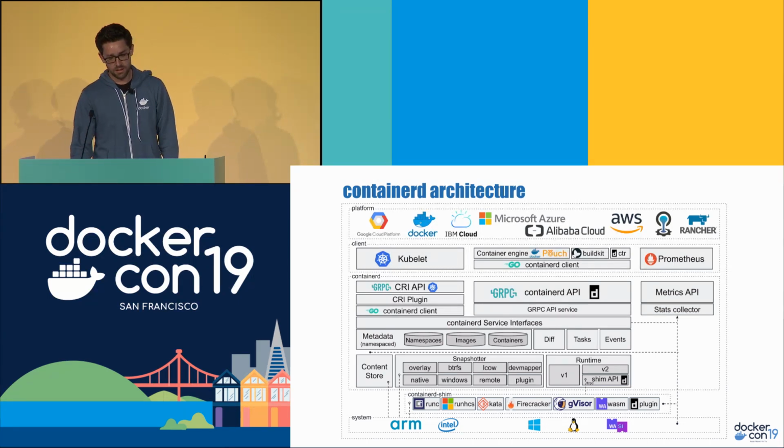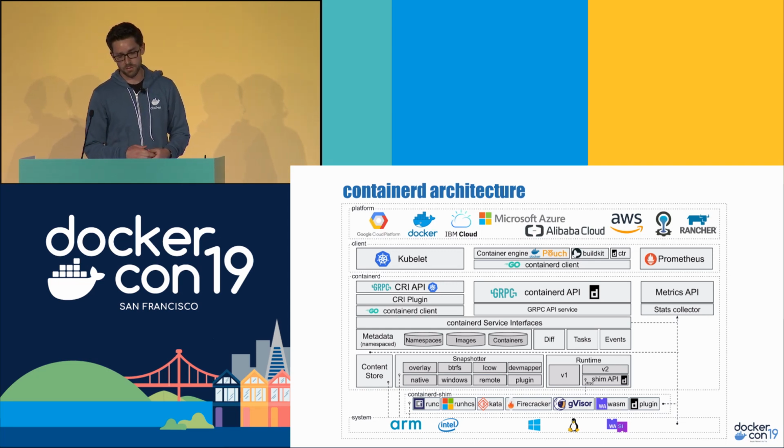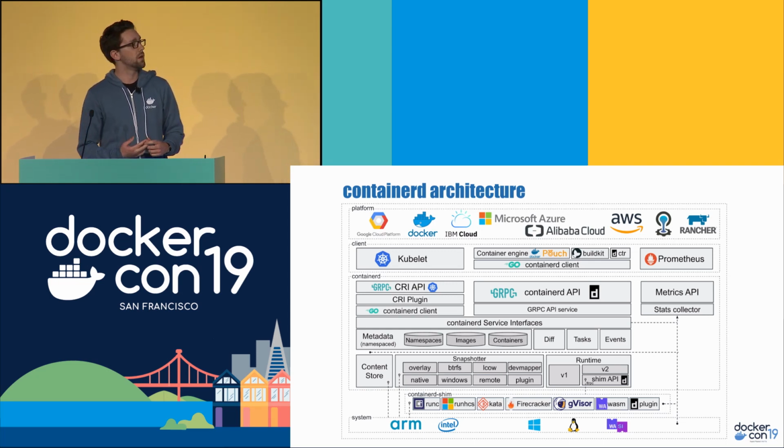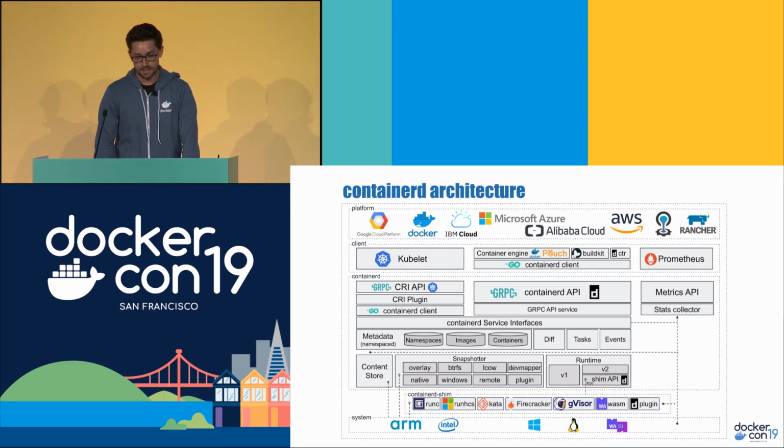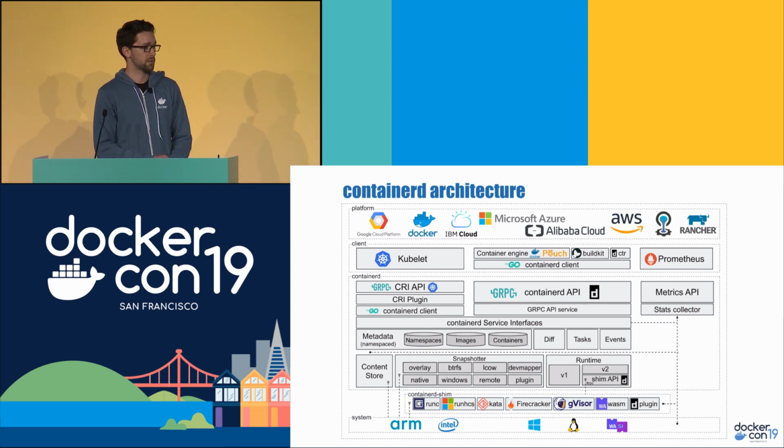So this is a high-level picture of Container D's architecture. You can see at the top we have the different platforms that you might be using that support Container D today. We have various different clients that are going to interface directly with Container D, including the Kubernetes kubelet, the Docker engine, pouch containers, and BuildKit, if you were in that talk earlier, which uses the client.